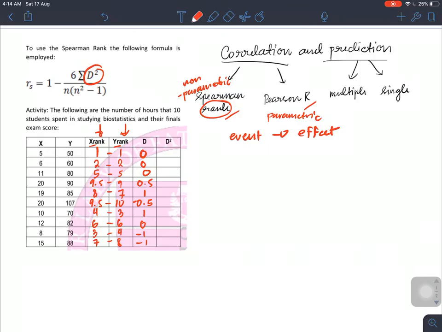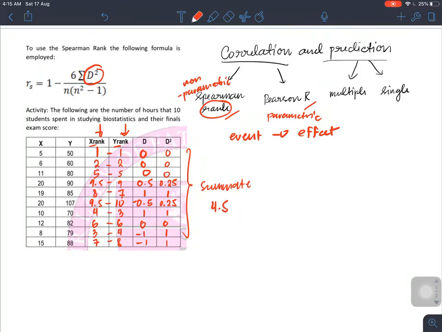Okay? And then d squared, as the symbol suggests, we simply have to square our d. So 0, 0, 0, 0.5 squared is 0.25, 1 squared is 1, 0.25 again, 1, 0, 1, 1. And then we simply summate, and then we get 4.5.